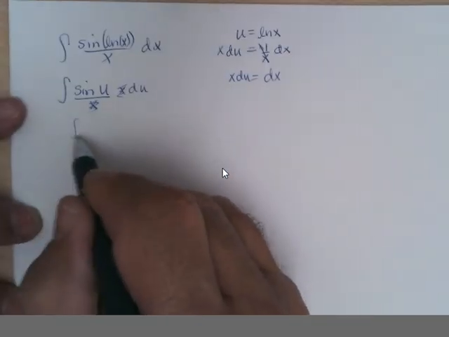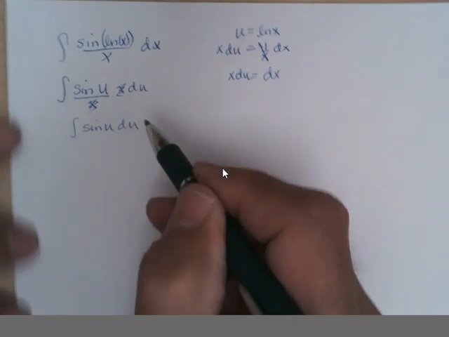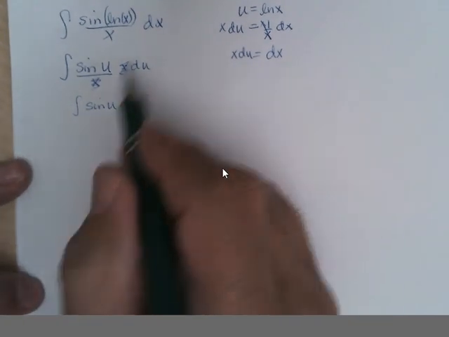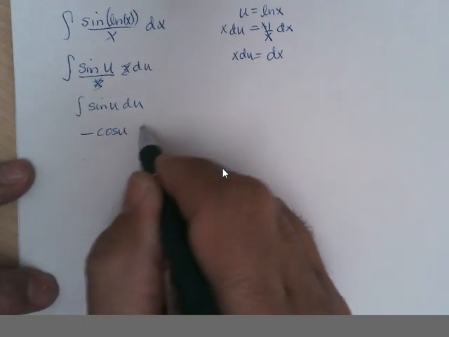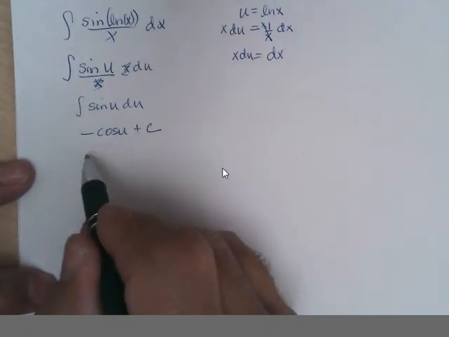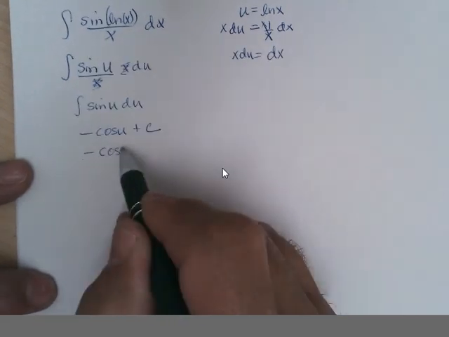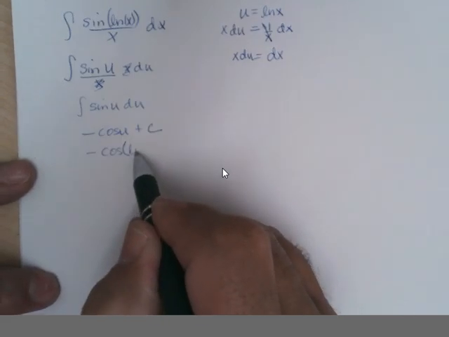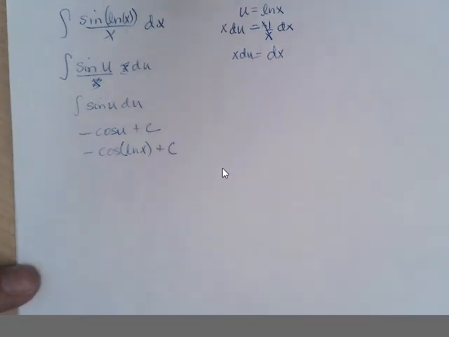And we have the antiderivative of sine of u du, and the antiderivative of sine is negative cosine u plus c, and going back to x's, negative cosine of ln x plus c.